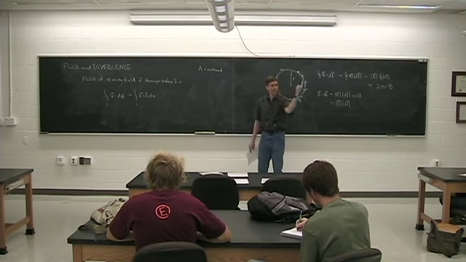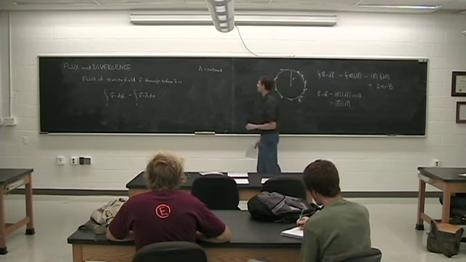So n hat is different from point to point, but every point has a little outward unit normal vector associated.